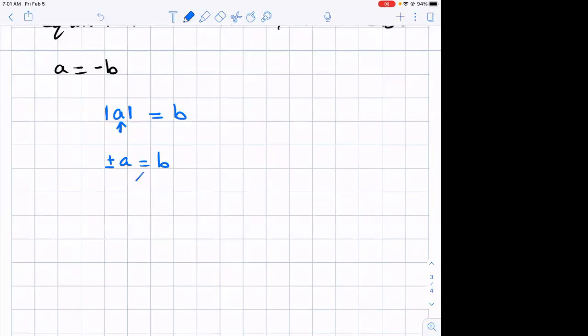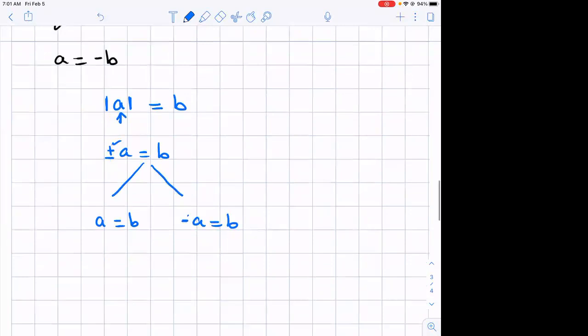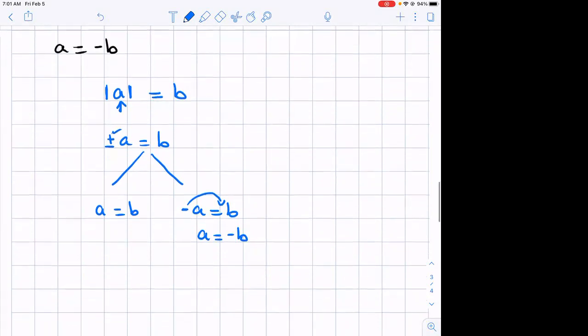So I split this up into two problems: A is equal to B, that's the positive part, and minus A is equal to B. If you take that minus to the other side, you have A is equal to minus B. So this is one way of thinking about it. The key point is that anytime you have an absolute value equation, you will have to split it up into two parts.